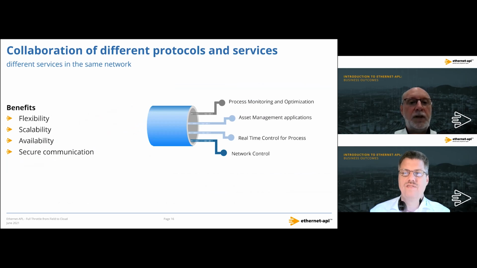So that means we have one network technology where all these application protocols can run in parallel. The benefit for us is to give even more flexibility and scalability. We can ensure the availability by redundancy concepts. And sure, security is also a topic. And with such a solution, secure communication can be ensured.